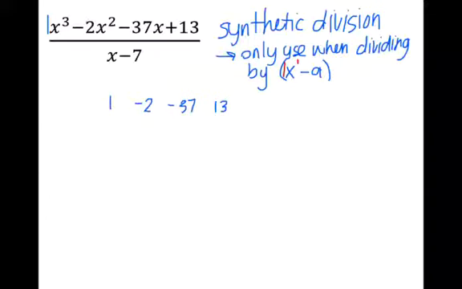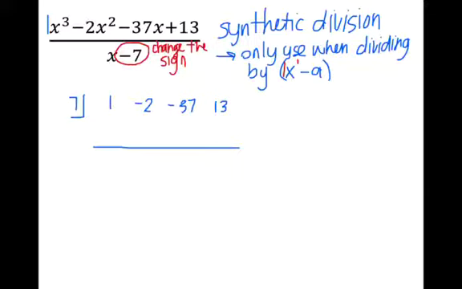From the bottom, I'm going to just use this -7. But instead of having to always do subtraction and then remembering to subtract negatives, and that gets really messy, I am going to change the sign. So I'm going to use a 7, and I'm just going to write it over here, just kind of out of the way, but in a space where we can see it and use it.